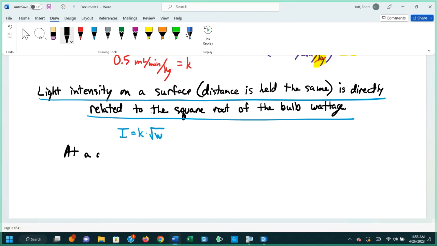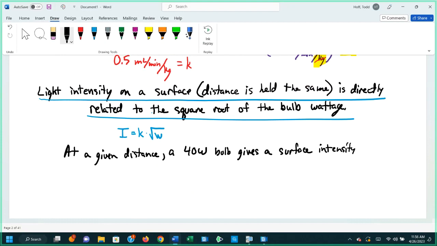At a given distance, a 40-watt bulb gives a surface intensity of 8 lumens per square inch.